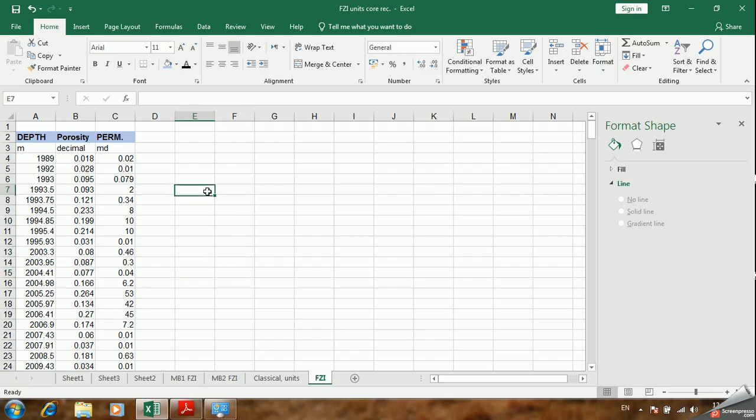It's optional. It's better to be more precise if you can find equations of each flow zone indicator for the same unit, or you can find flow zone indicator equations for the whole core data without separating the units.